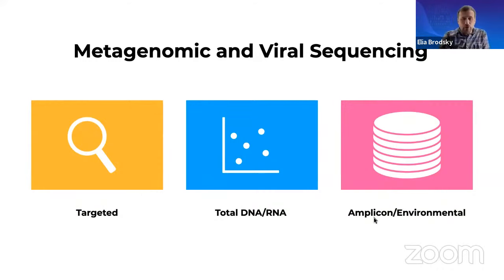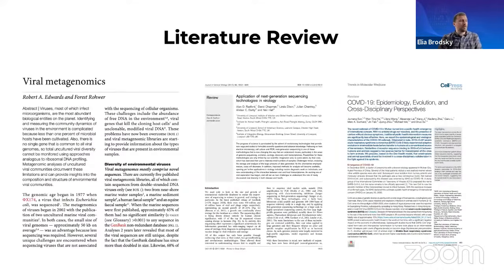So to help you learn in detail, we recommend these three particular articles that you can read through on your own, and we'll share the links at the end of today's session. They will help you understand how these types of sequencing approaches are helping us understand the presence and characteristics of different pathogens.